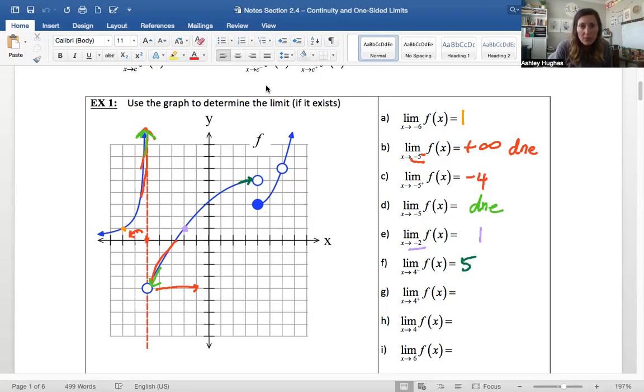Now we have 4 from the right. So if I go to 4, here's 4, 1, 2, 3, 4. From the right is on this piece, and I'm headed towards this closed circle, which is at 3. And then this one is, do these two match? They don't match. So then this does not exist, because 3 and 5 do not equal each other.